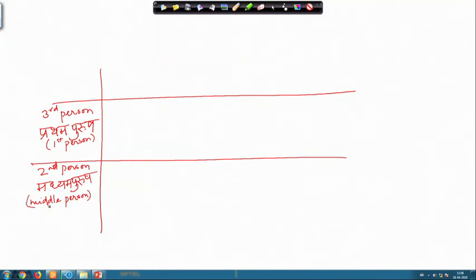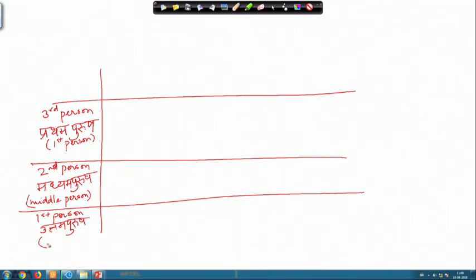I mean, that's a literal translation of that. And then we have the first person, or the Uttama Purusha, which literally means the excellent person.